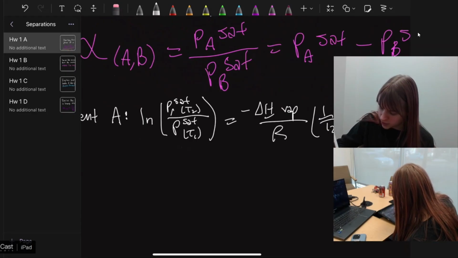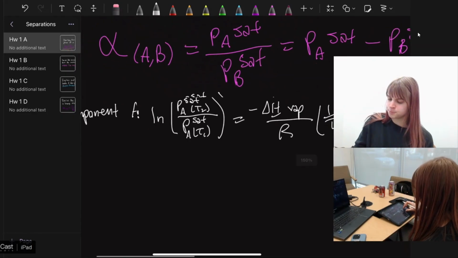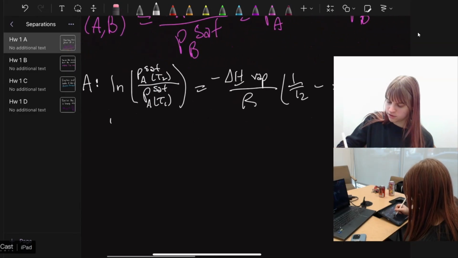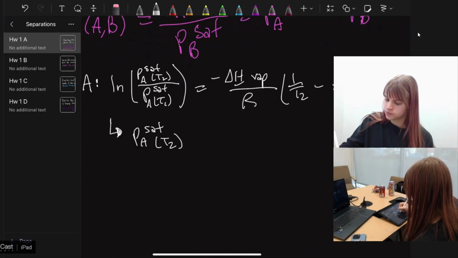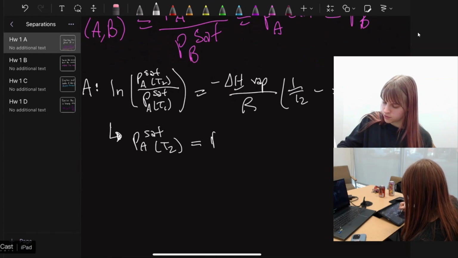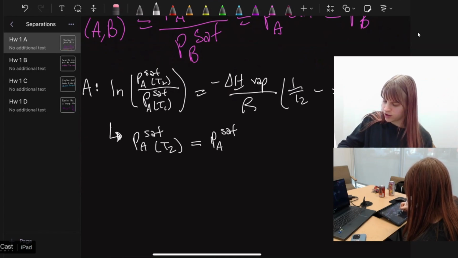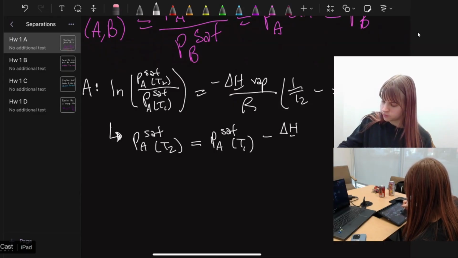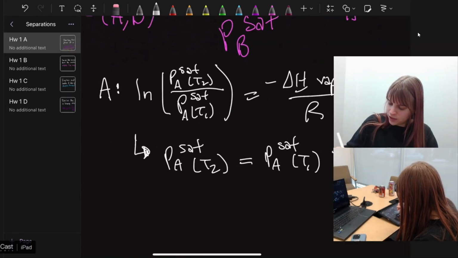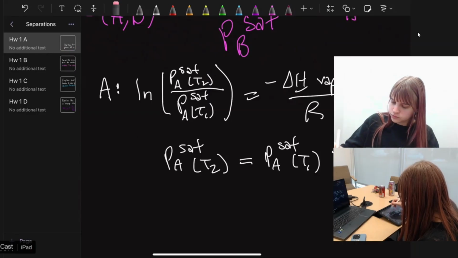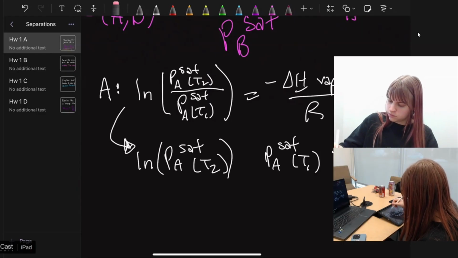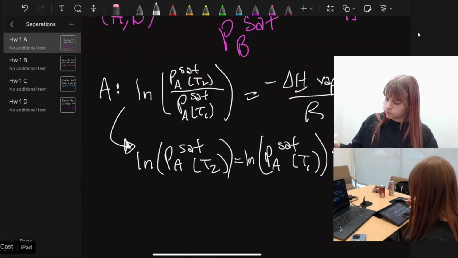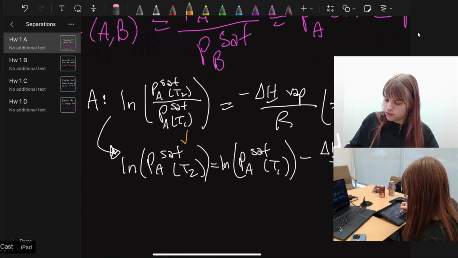And I will add a little a here to denote that this is for A. And then we can separate this out a little bit and say that the natural log of the saturation pressure of component A at temperature 2 is equal to the natural log of the saturation pressure at temperature 1, minus the rest of the equation. We just separated it out right there.